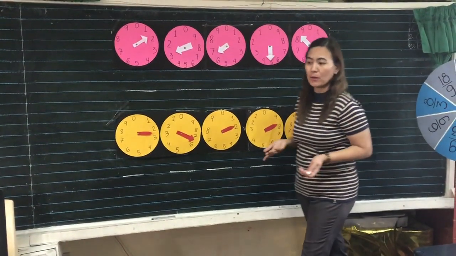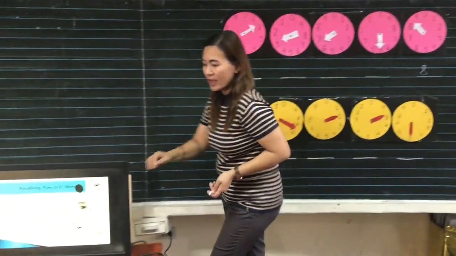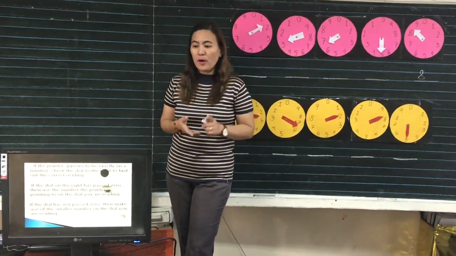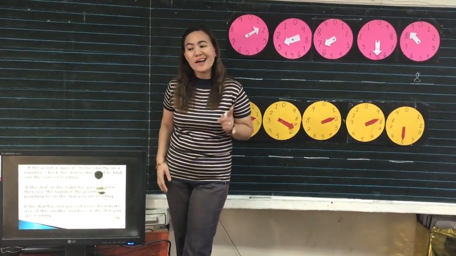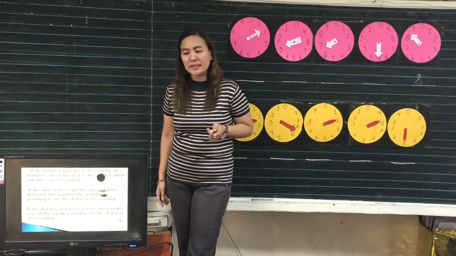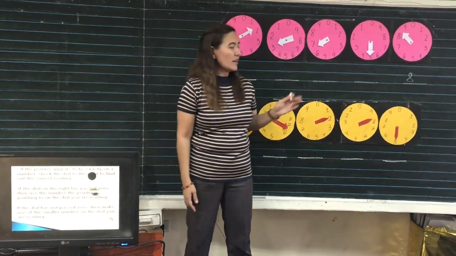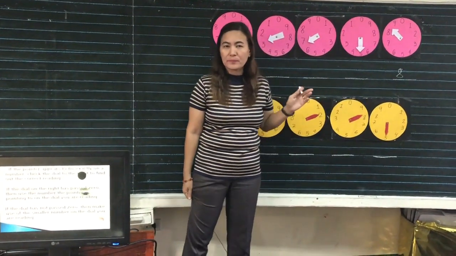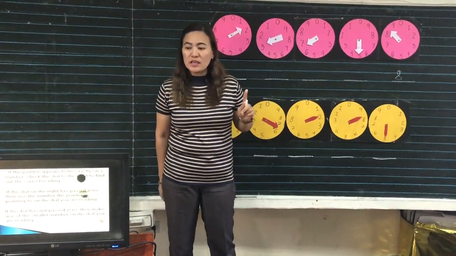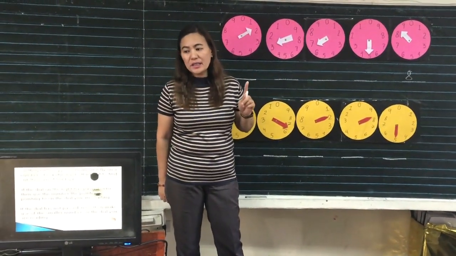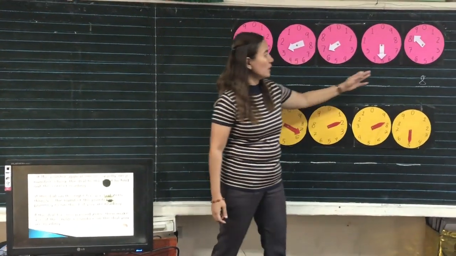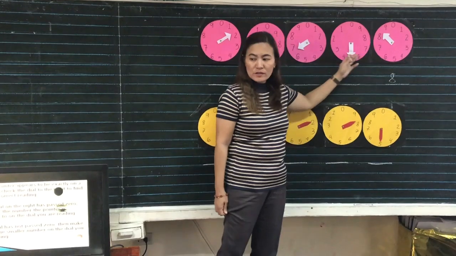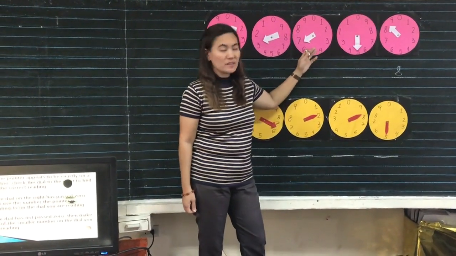Now, what will we do now? The rule stated here is that if the pointer appears to be exactly on the number, check the dial to the right to find out the correct reading. The condition is, if the dial on the right, this one, has passed 0, then use the number the pointer is pointing to.